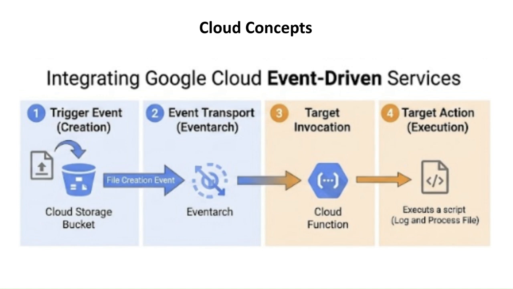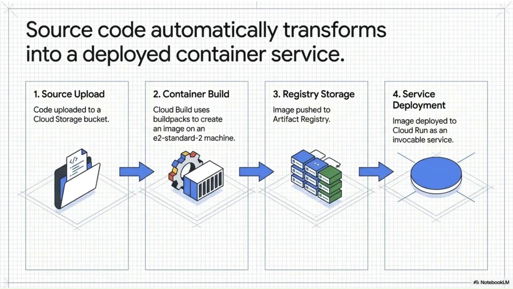This uses Eventarc. You really don't even have to think about that, but generically in Google Cloud, Eventarc is that connector between things happening and your code. And then we're going to write a little bit of code that stores stuff in storage buckets.